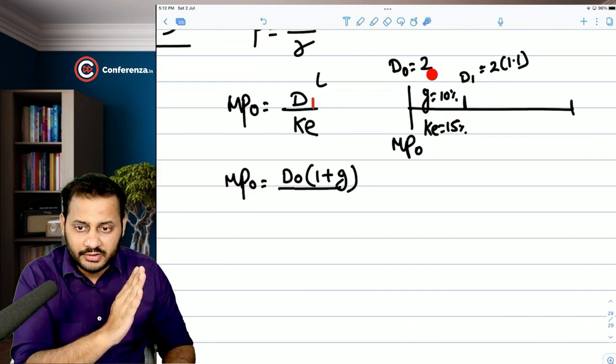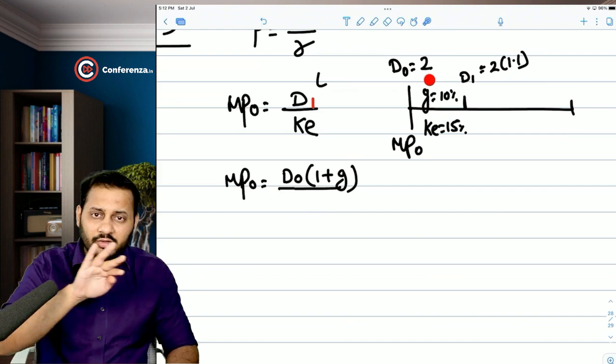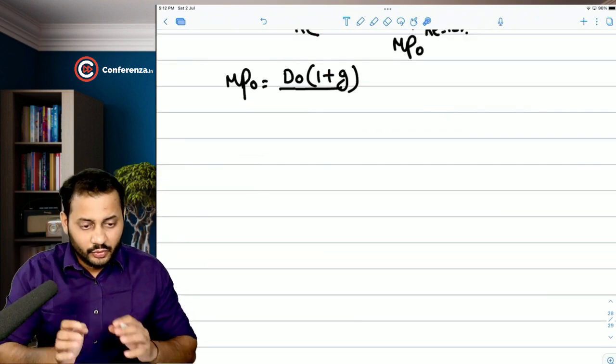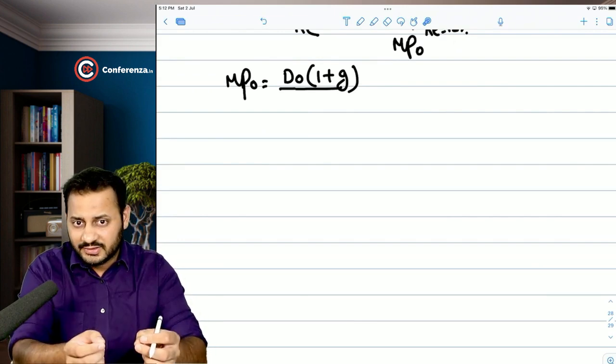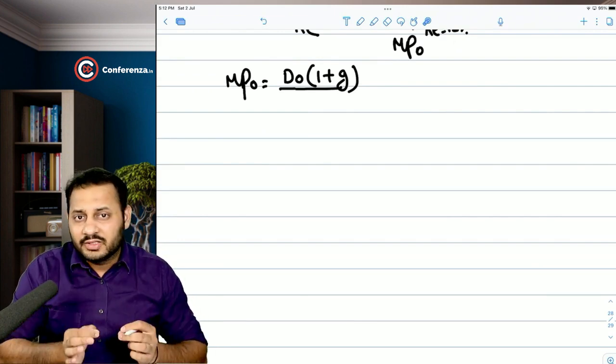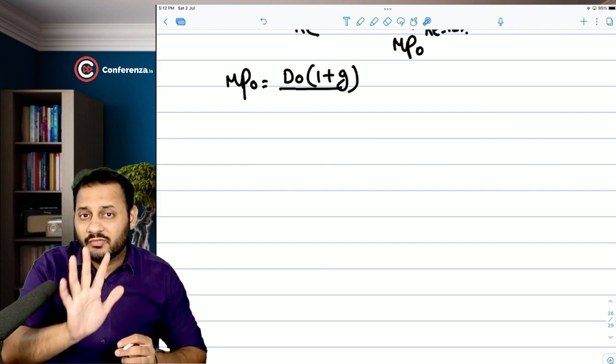Growth of 10%, discounting of 15%. If you first go forward 10 steps and then go backwards 15 steps, the net result is that you are going backwards by 5 steps.